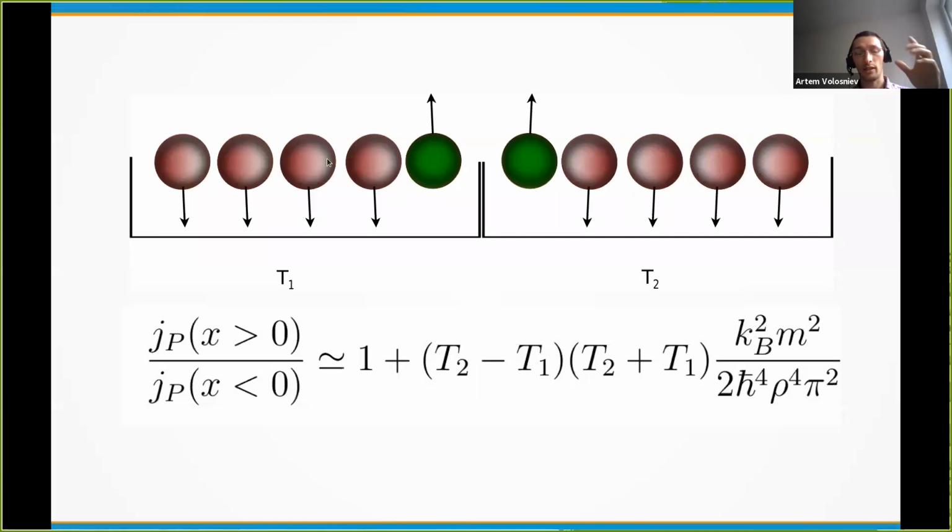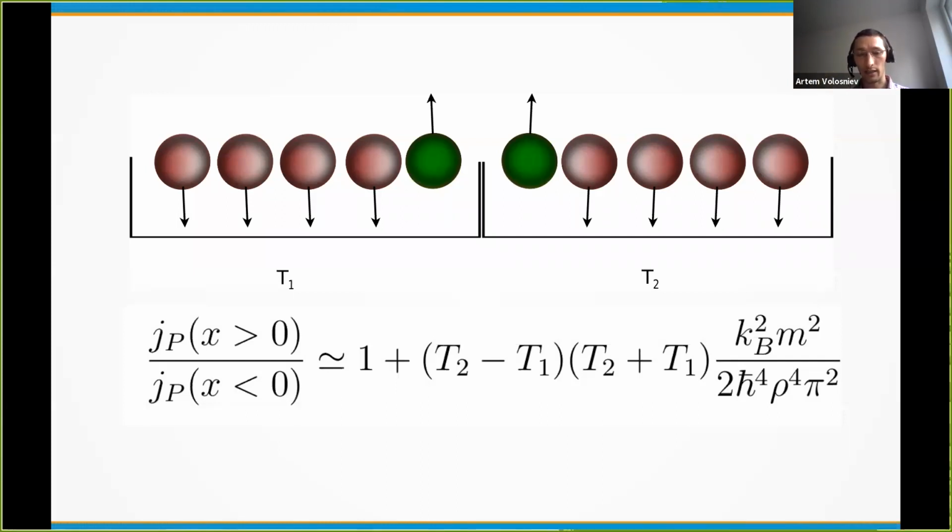In solid state physics, you would say that there are possible processes that flip spin, and that's not in this theory in principle.